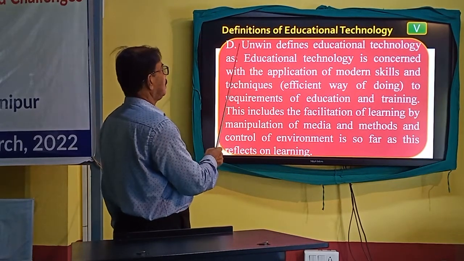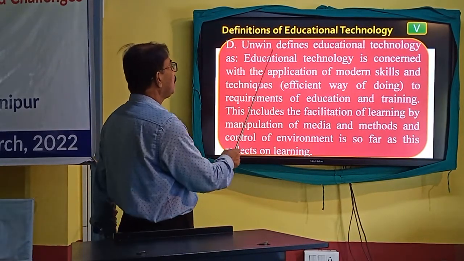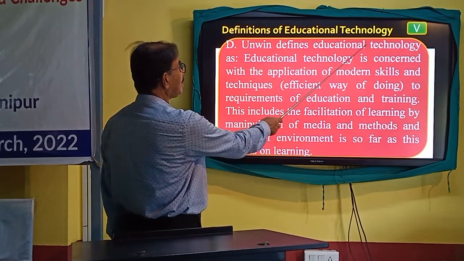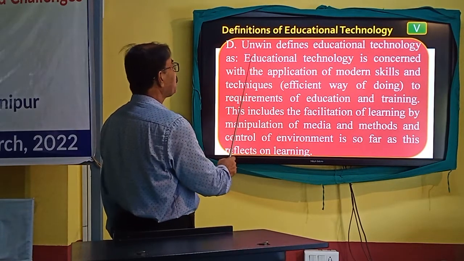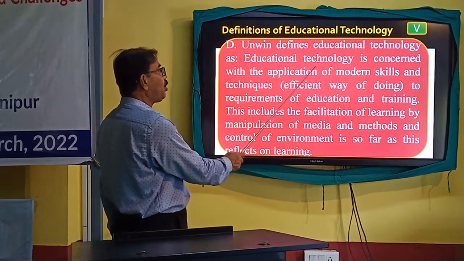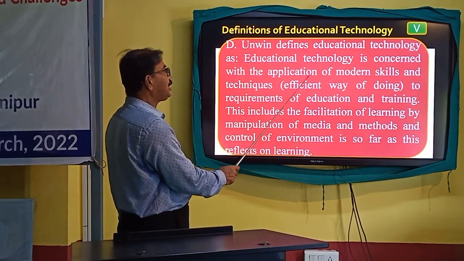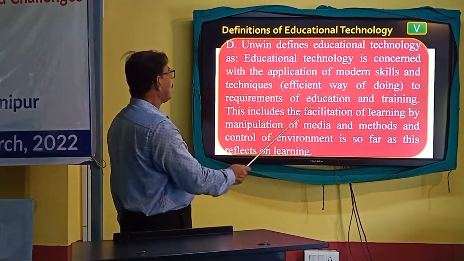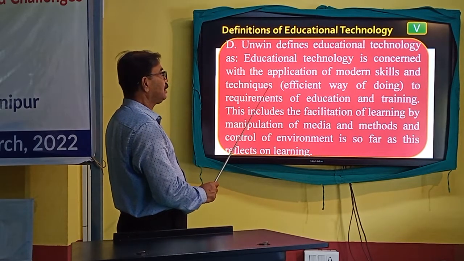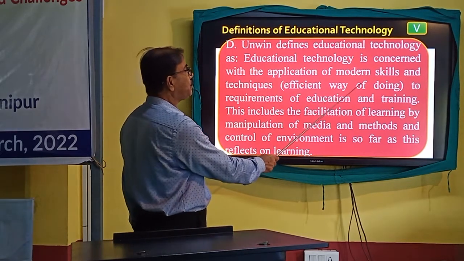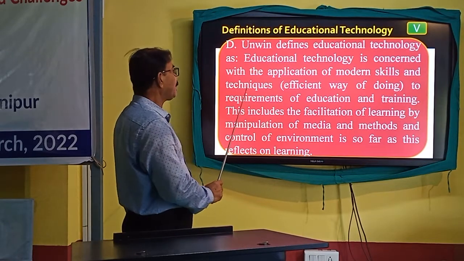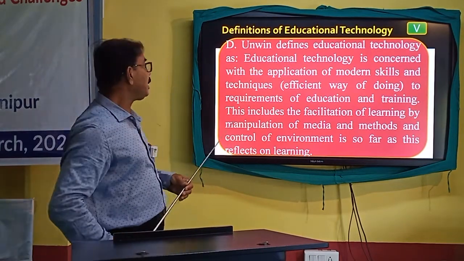D. Unwin, another expert, defines educational technology as concerned with the application of modern skills and techniques. Whenever we see the term technique, what does it mean?